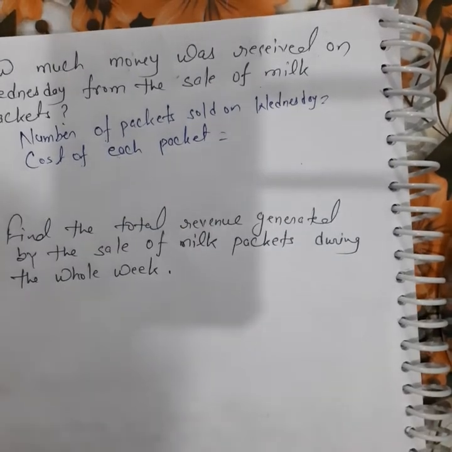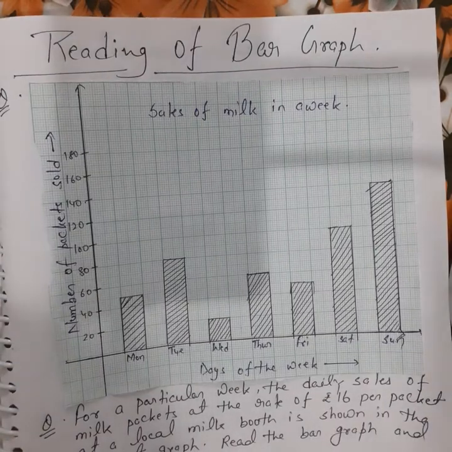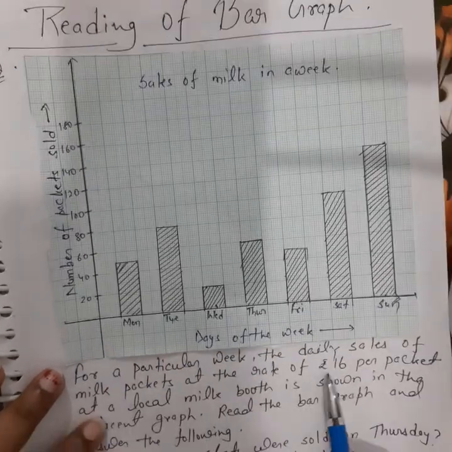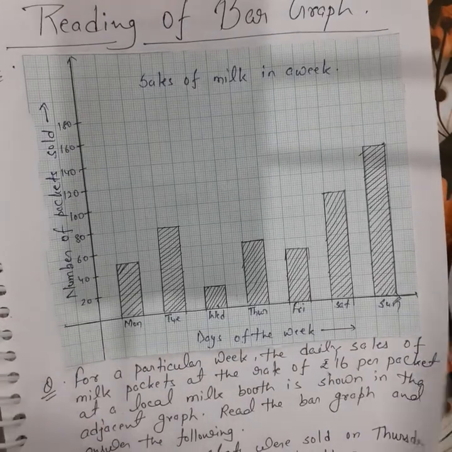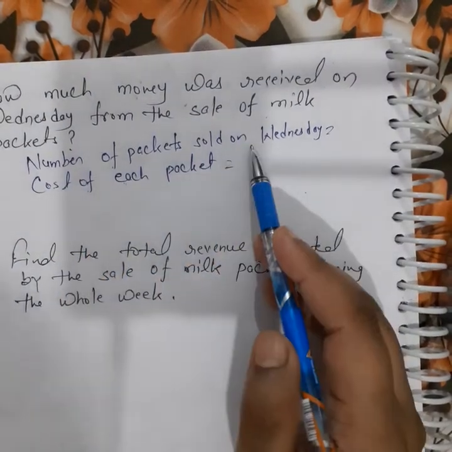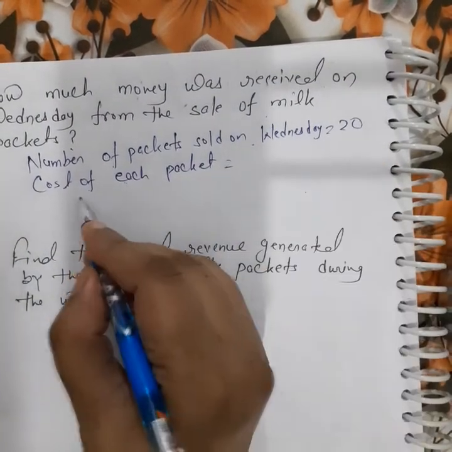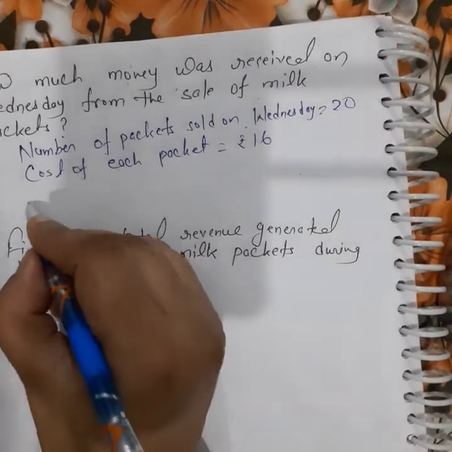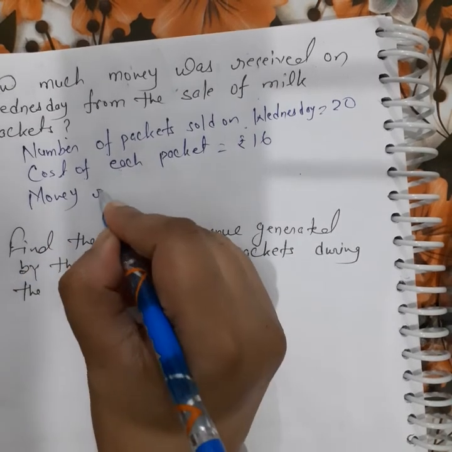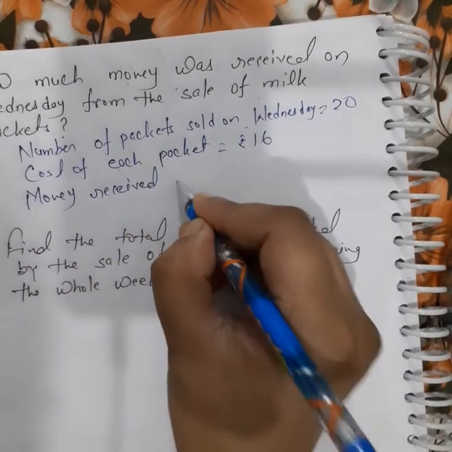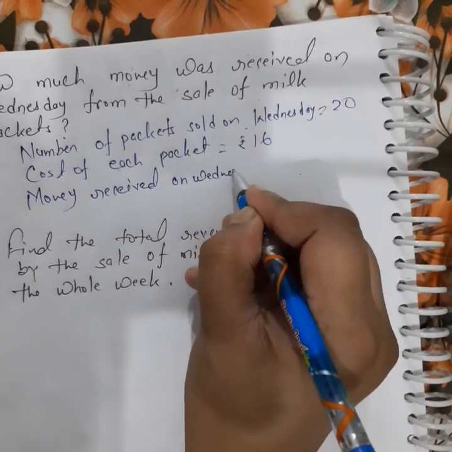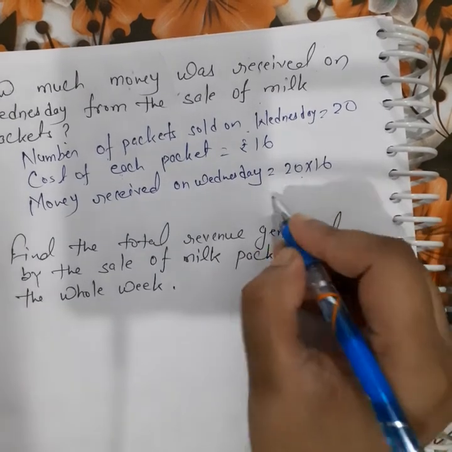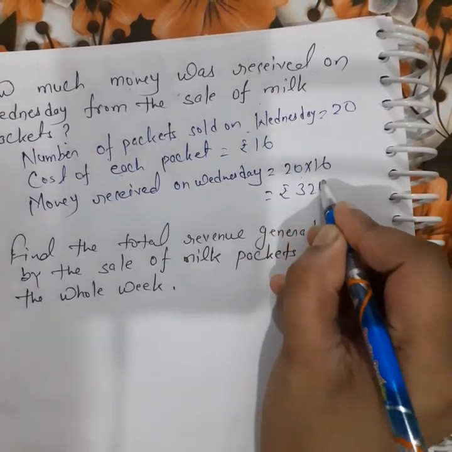Again we look at the graph, and on Wednesday 20 packets were sold, and the cost of each packet is rupees 16. Now money received on Wednesday is equal to 20 into 16, that is rupees 320.